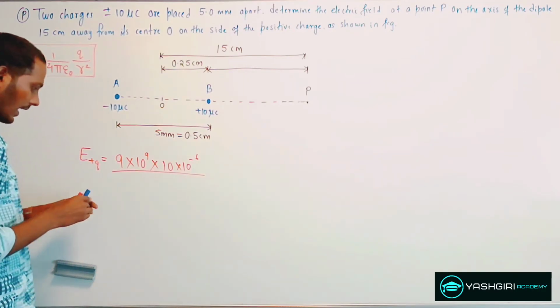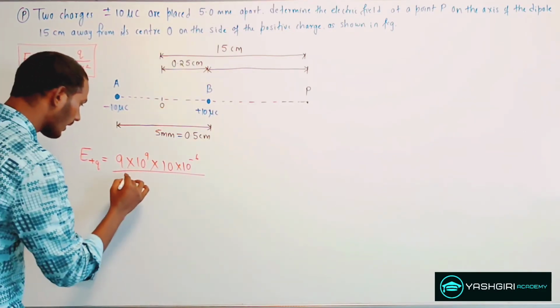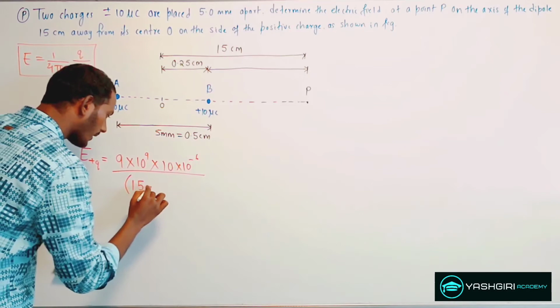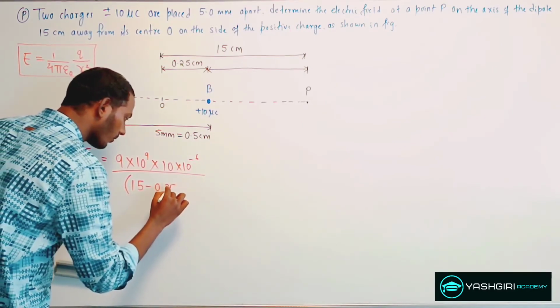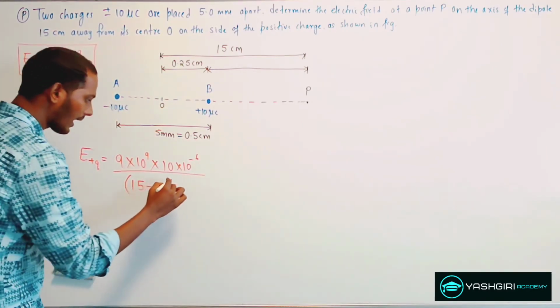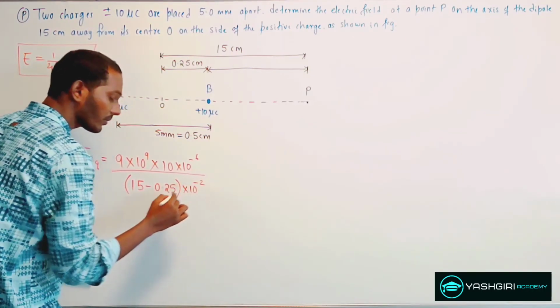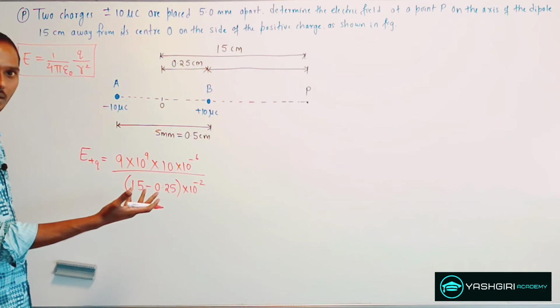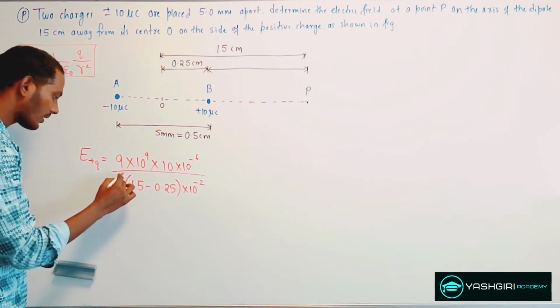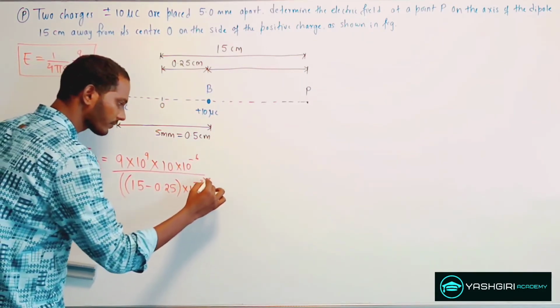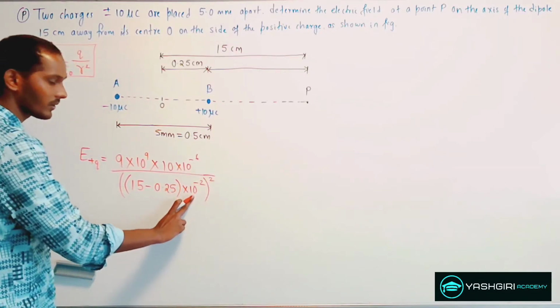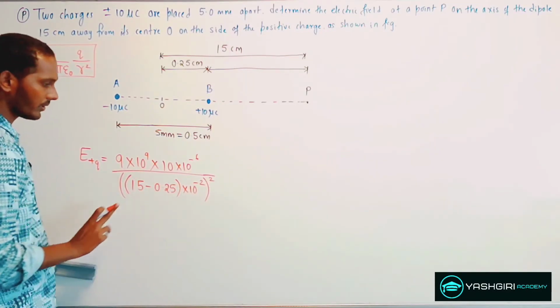So here I just write it as 15 minus 0.25 centimeters, into 10 to the power minus 2, because I need to convert it into meters, and the whole square. Are you getting? Yes? So this is a conversion from centimeters to meters.